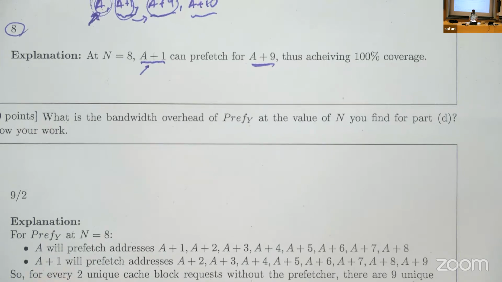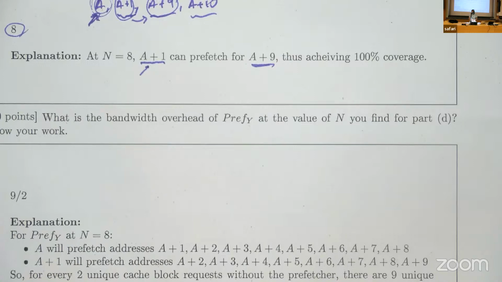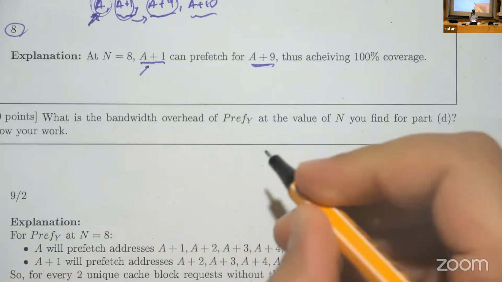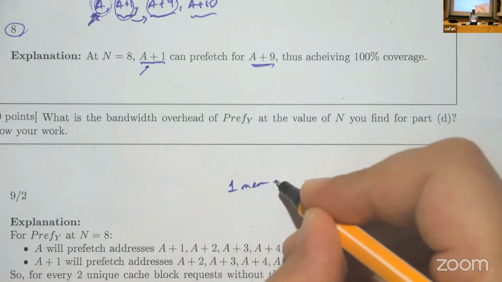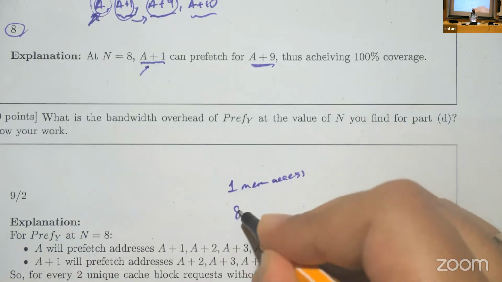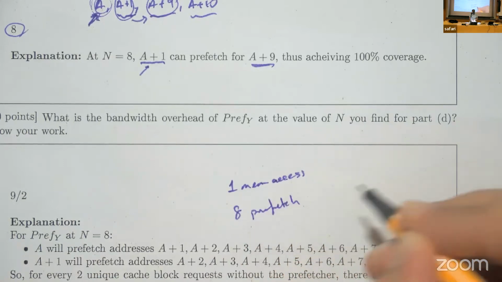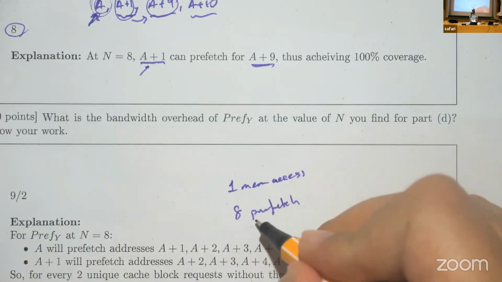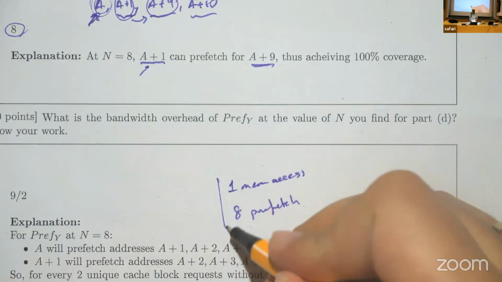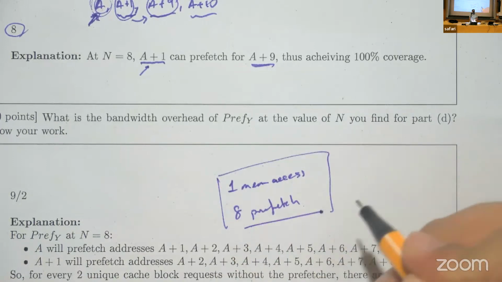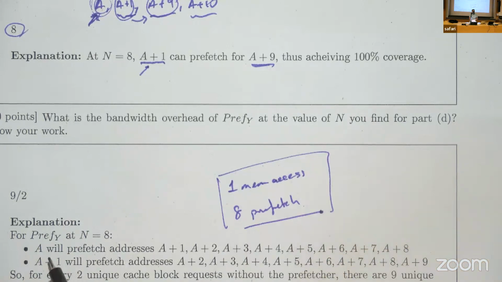You can consider this like, for a memory access, how many prefetch operations I will have. When n is 8, with the prefetcher you will have one memory access, let's say the real access, and 8 prefetch operations. So this is basically what changes with the prefetcher. Accessing A will prefetch A plus 1, A plus 2, up to A plus 8.